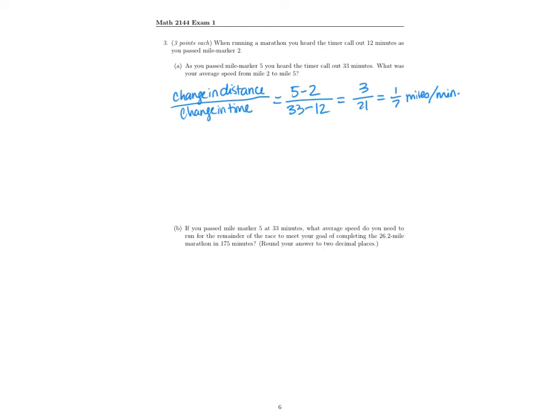If you passed mile marker 5 at 33 minutes, what average speed do you need to run for the remainder of the race to meet your goal of completing the 26.2 mile marathon in 175 minutes? Okay. All right. So again, my rate of change is the change in distance over change in time.